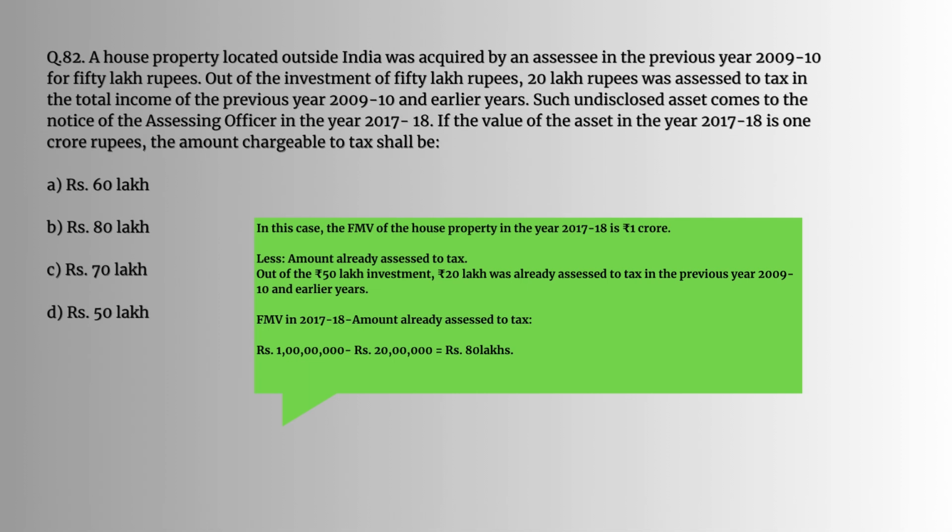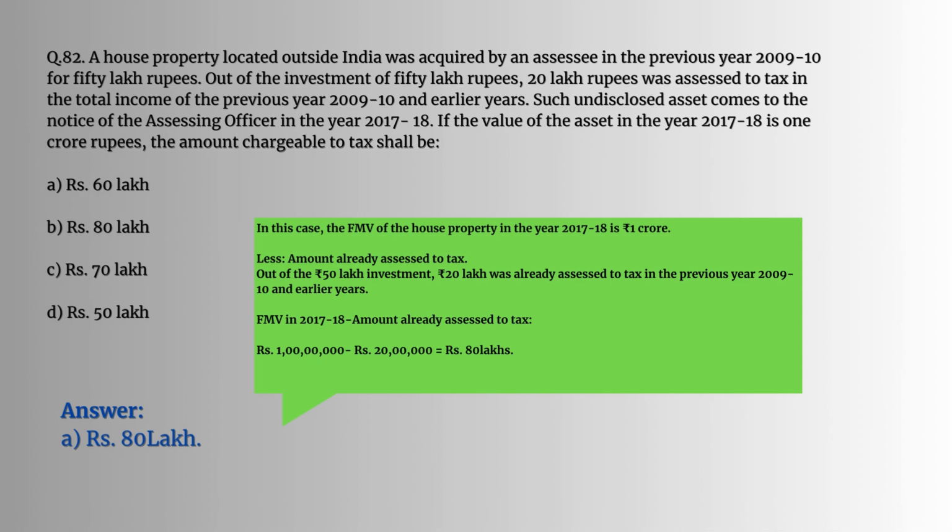Question number 82. A house property located outside India was acquired by an assessee in the previous year 2009-10 for 50 lakh rupees. Out of the investment of 50 lakh rupees, 20 lakh rupees was assessed to tax in the total income of the previous year 2009-10 and earlier years. Such undisclosed asset comes to the notice of the assessing officer in the year 2017-18.